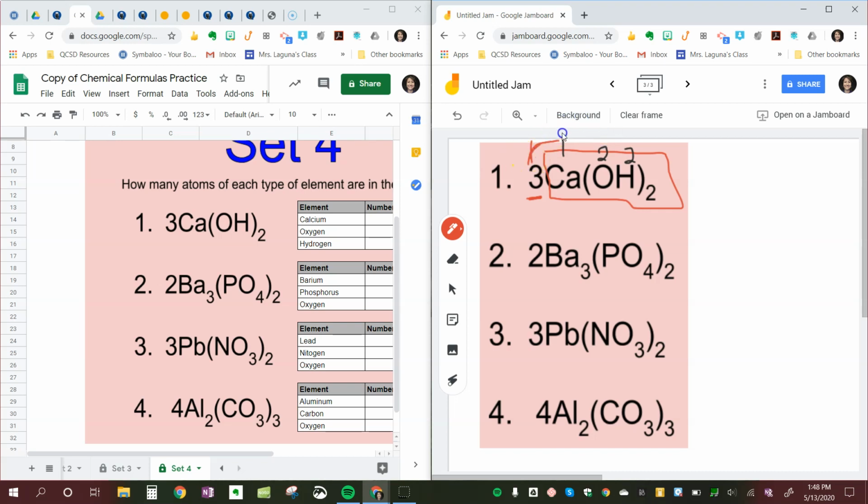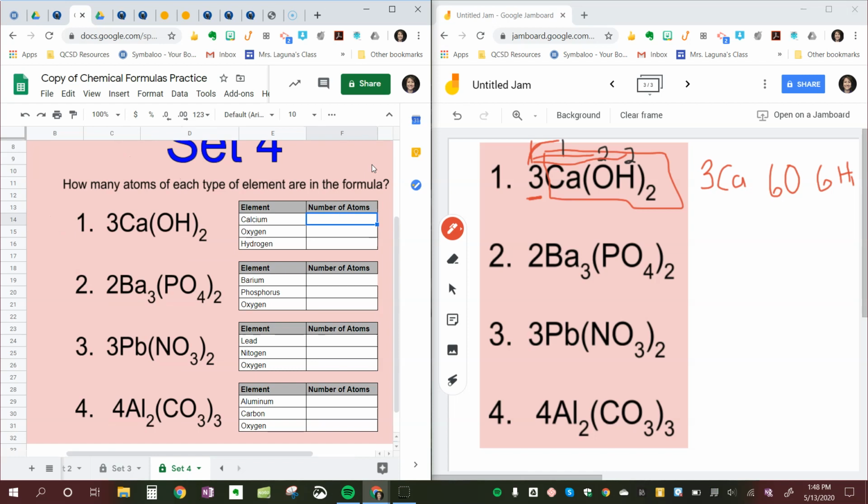Oops, kind of went off my screen there. 3 times 2 and 3 times 2. So 3 times 1 or 3 calcium, 3 times 2 or 6 oxygen, and 3 times 2 or 6 hydrogen. So we can go ahead and put that in our box. Move this over. There we go. And so in the box, we're going to put 3, 6, 6.